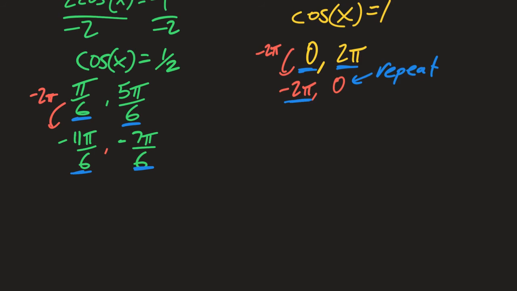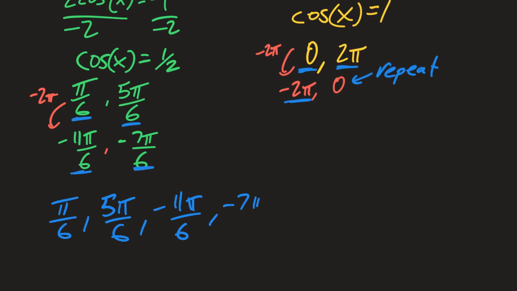Okay, so the first 4 came from here: pi over 6, 5 pi over 6, negative 11 pi over 6, negative 7 pi over 6. Then on the right-hand side, we had 0, 2 pi, and negative 2 pi. So all of these are the solutions within the interval negative 2 pi to 2 pi.